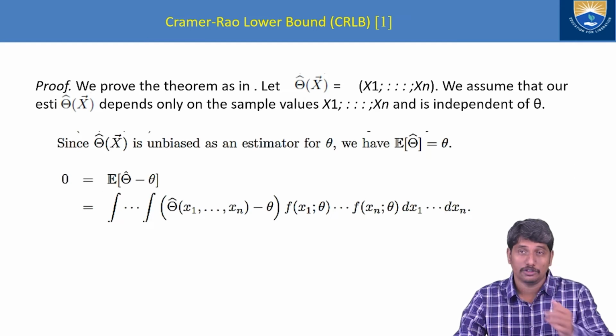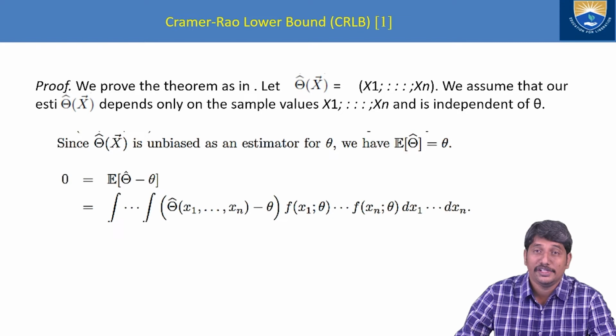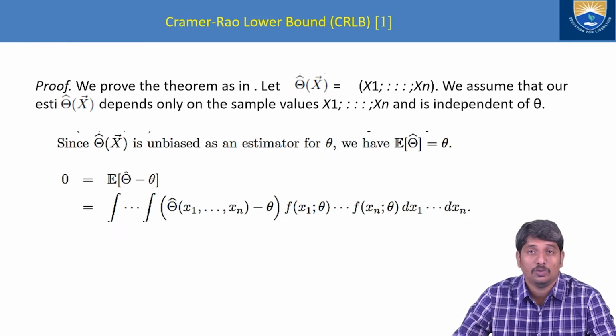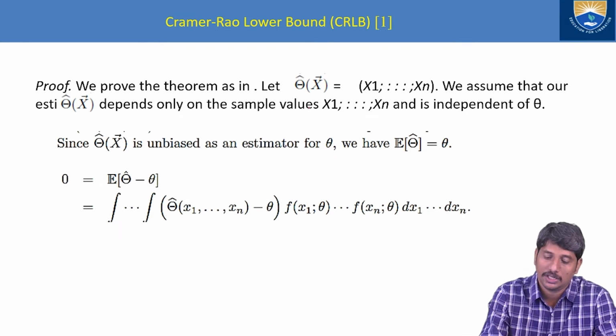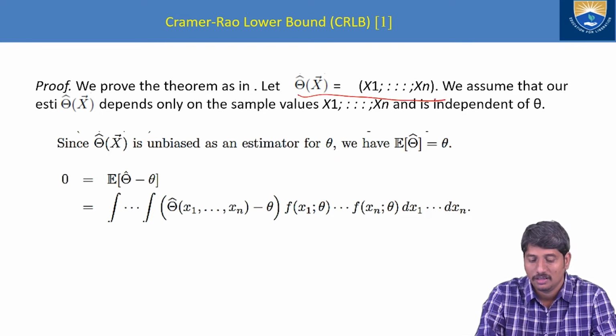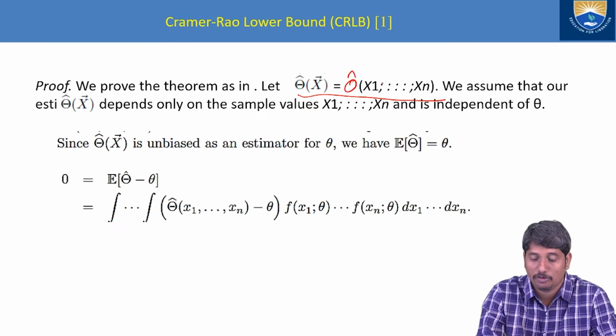Now let us look into the proof of the theorem, that means the derivation of the Cramer's Rao lower bound. We prove this theorem like this. We assume that phi cap of x is a function of n tuples.